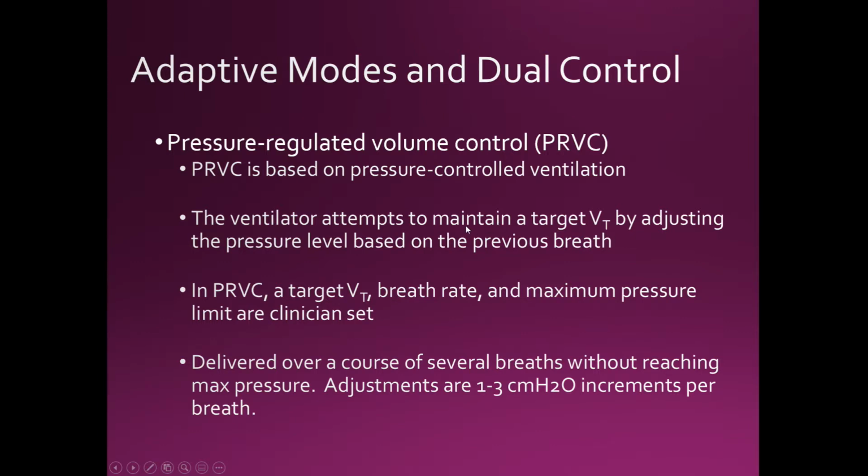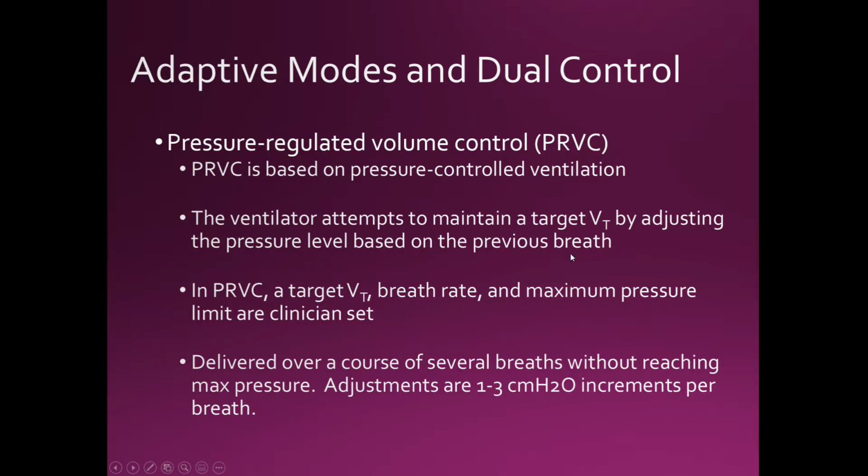I'm not sure if you set the target tidal volume and then you are controlling the pressure, but it looks like, based on what the target tidal volume is, the pressure level will start to adjust. This is based on the previous breath.